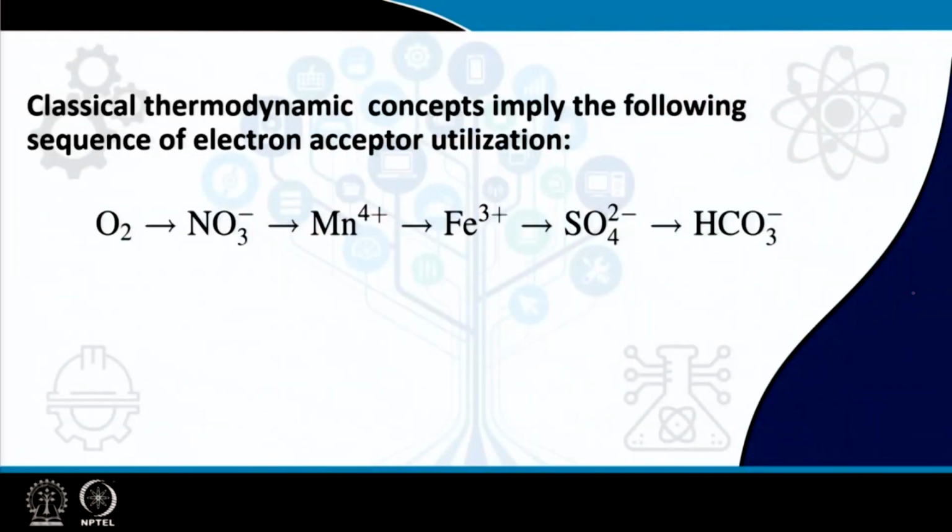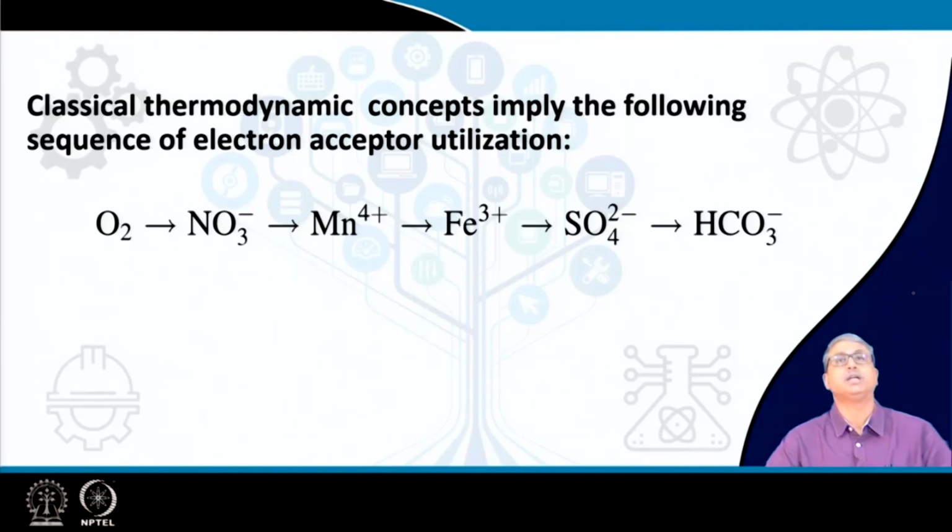The classical thermodynamic concept implies that the following sequence of electron acceptor utilization is mostly predominant in organic pollutant contaminated natural environments, particularly under aquifer or underground conditions, where the level of oxygen is highly controlled, because oxygen is produced minimally and is actually diffused from the top of the soil. So the oxygen level declines.